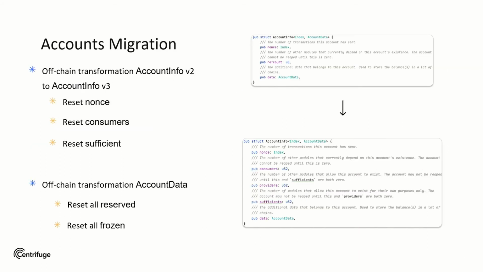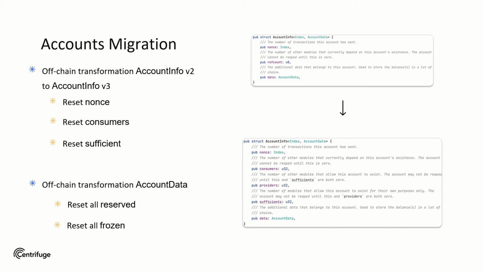The accounts migration wasn't more complicated, but we needed to think about it a little bit more. Besides the migration of the actual data, the transformation between the data types, between the v2 and the v3 version of account info, we also needed to think about the fact that there is a lot of data in this one that doesn't belong to our new chain. So we reset the nonce, and we reset all the ref counts.